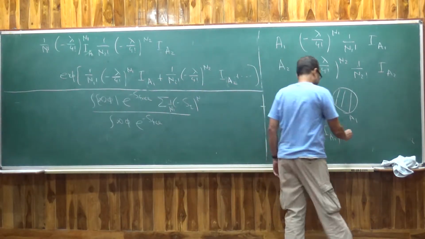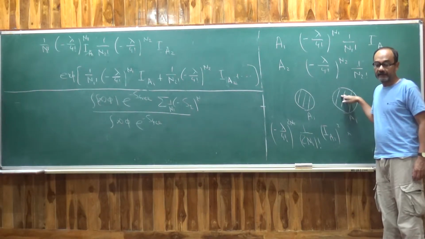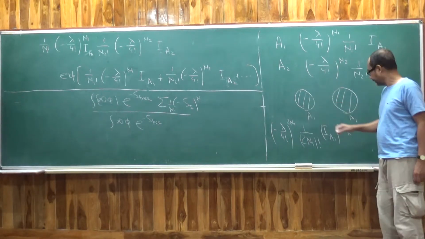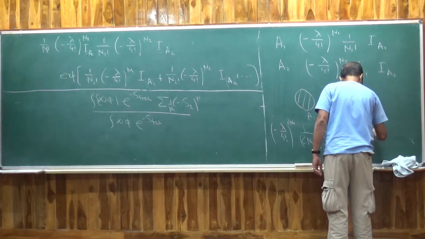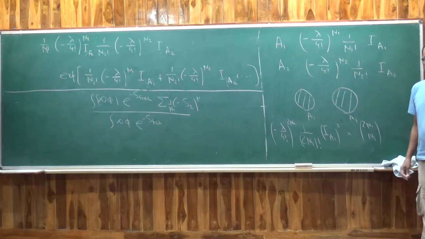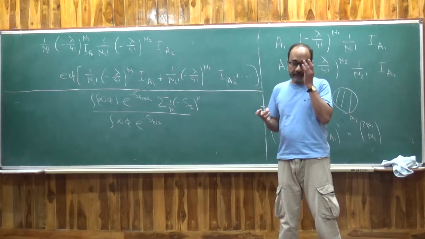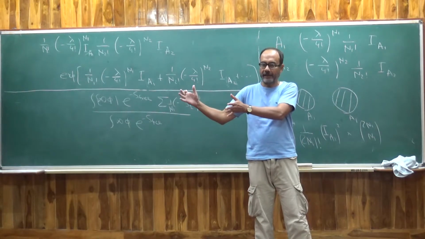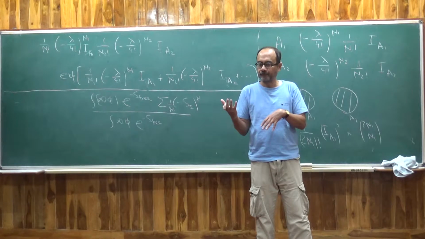Now the combinatorial factor. Altogether we have 2n1 vertices, and we have to choose n1 out of these 2n1, so 2n1 choose n1. However, now there is overcounting, because if instead of choosing this particular set of n1, you had chosen the complementary set, it would be the same diagram.